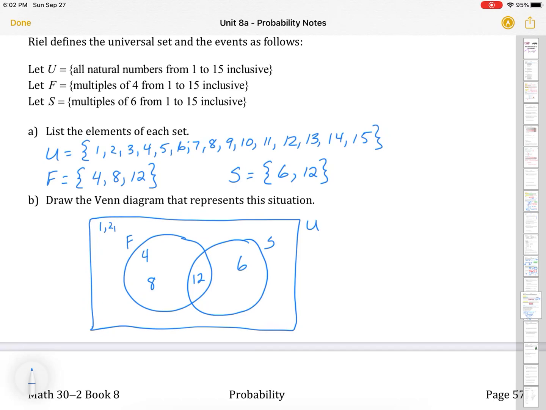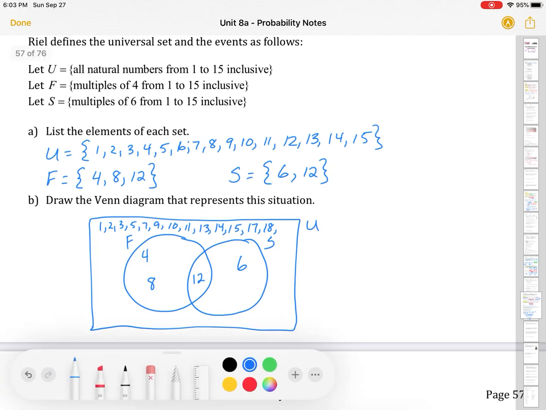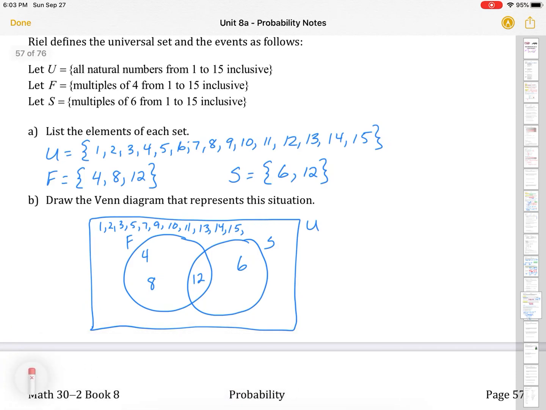In the rest, we have 1, 2, 3, 5, 7, 9, 10, 11, 13, 14, 15. No, I went too far. I got carried away. These do not exist because it's only 1 to 15. All right, sorry about that, folks.